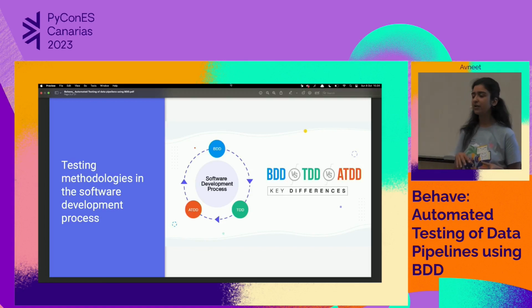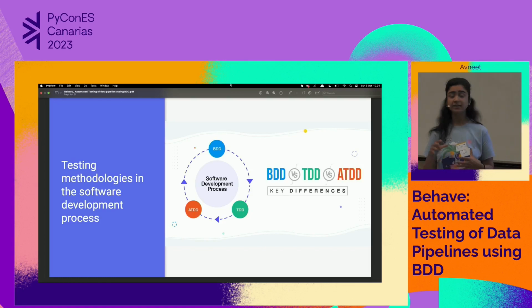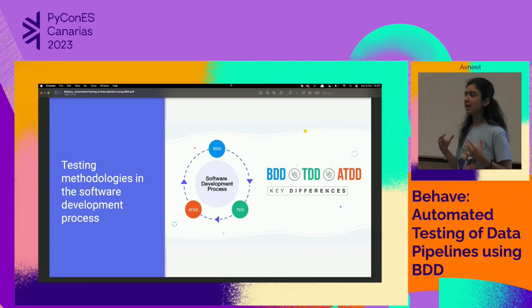But since behavior-driven development is a more user-centric approach, we start with defining these requirements and feature files as if the user itself was using the system or the functionality that is being put in the product that we are developing.